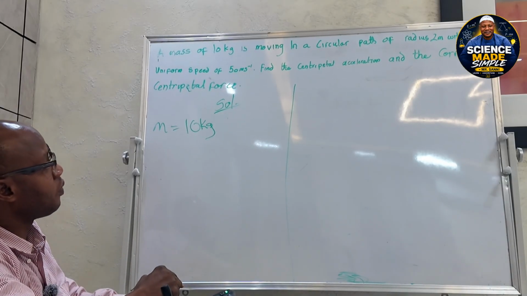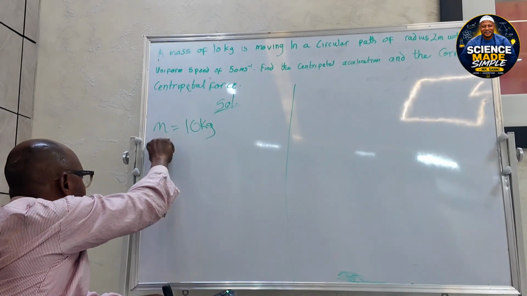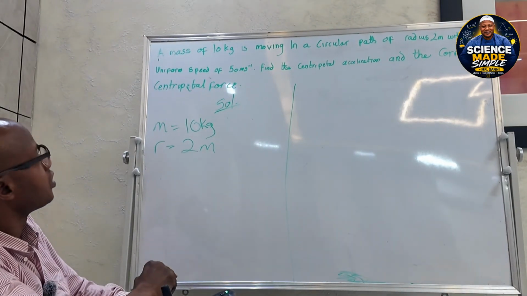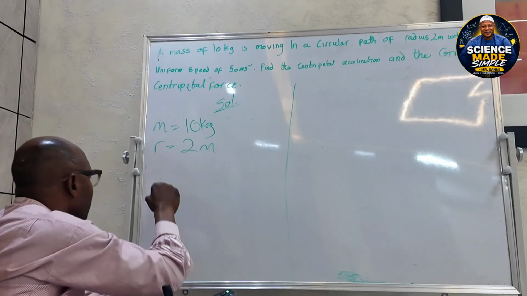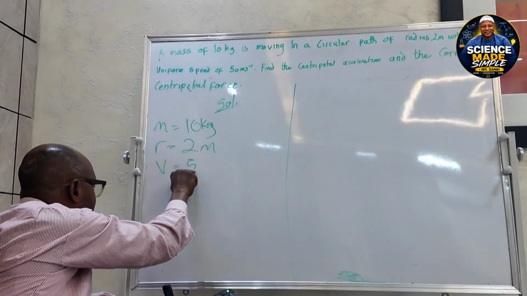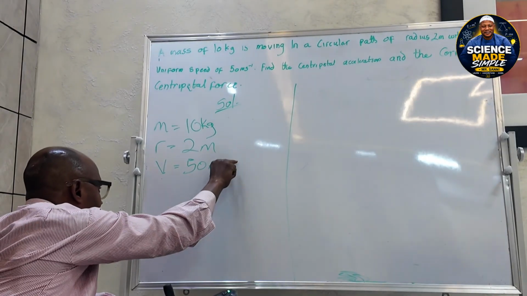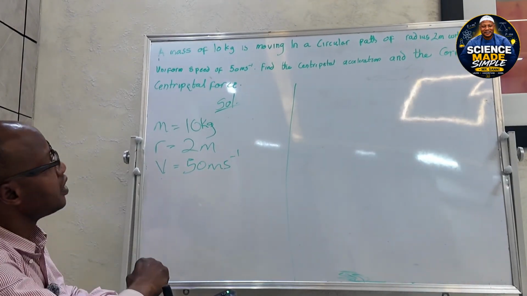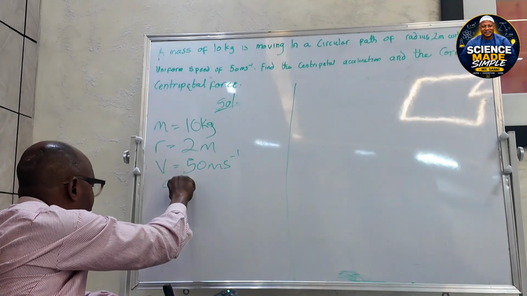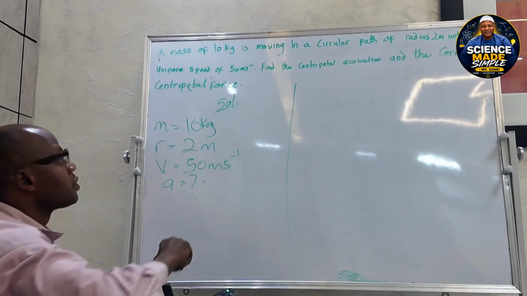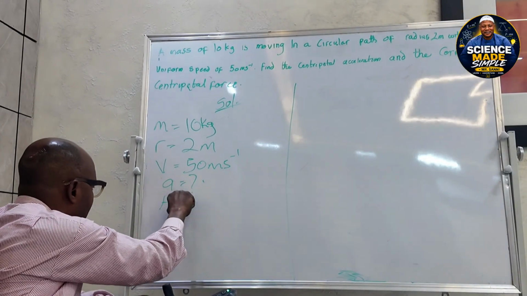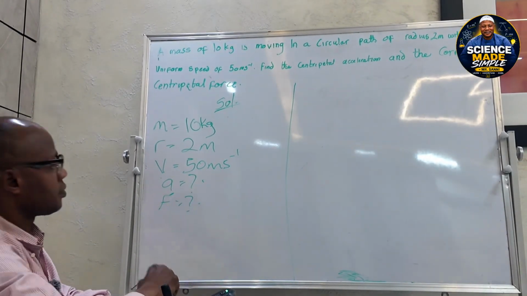It's moving in a circular way. We have the radius to be 2 meters and the speed to be 50 meters per second. Find the centripetal acceleration, a, and the centripetal force, F.